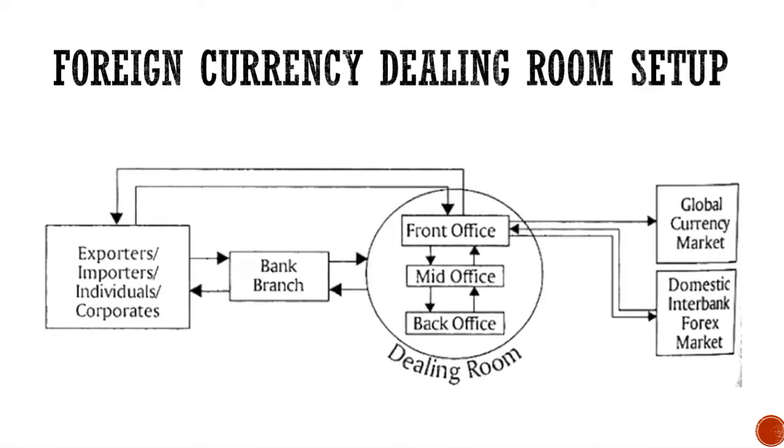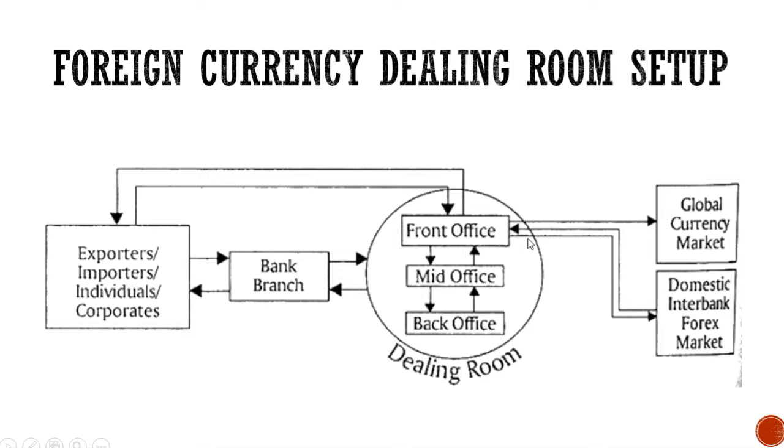Now, let us understand your foreign currency dealing room setup. As we already learned earlier, it is the commercial bank's branch which usually has a dealing room. A dealing room has basically three offices: the front office, the mid office, and the back office. The exporters, the importers, individuals, corporates, anyone, have two-way transactions available where they can buy and sell.